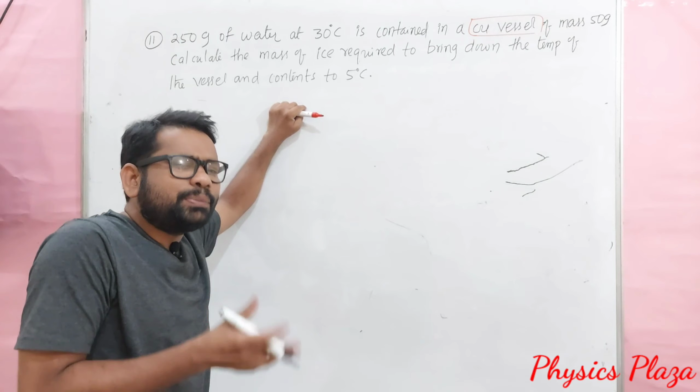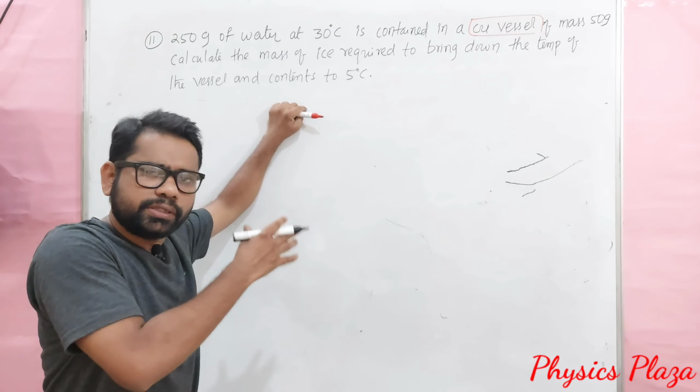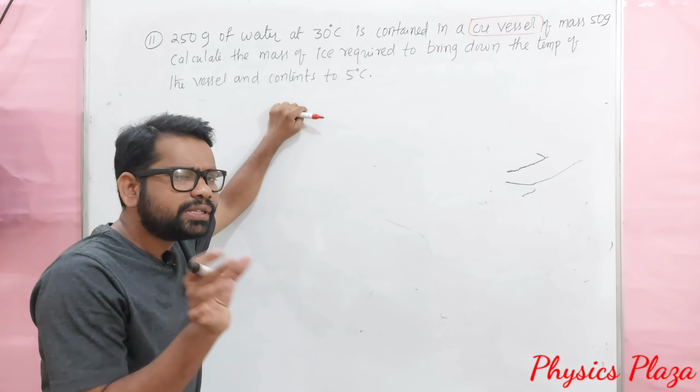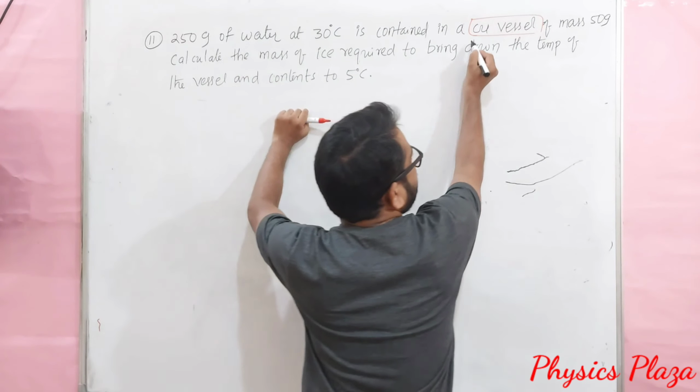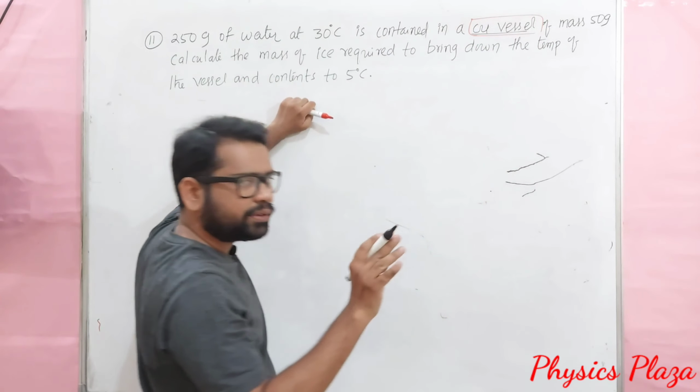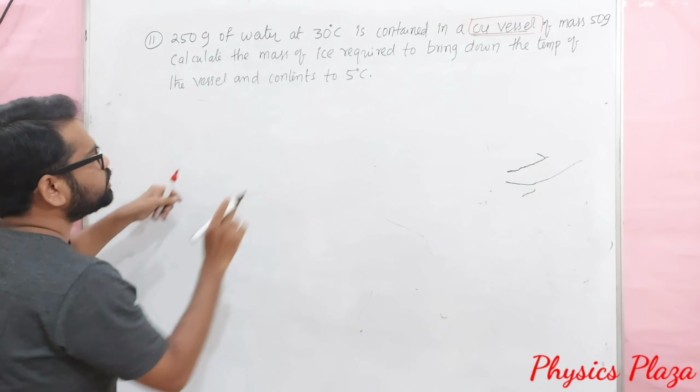Children, this is a similar question to what we have done just before. The difference is that before it mentioned a calorimeter, but now it mentions just a copper vessel. Otherwise everything is same. So what is actually given?